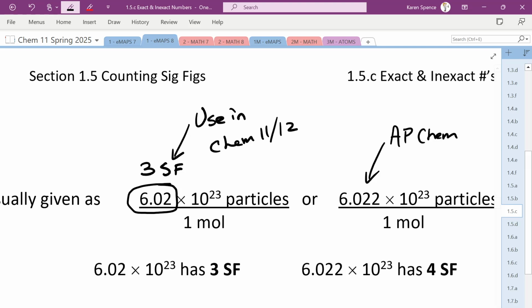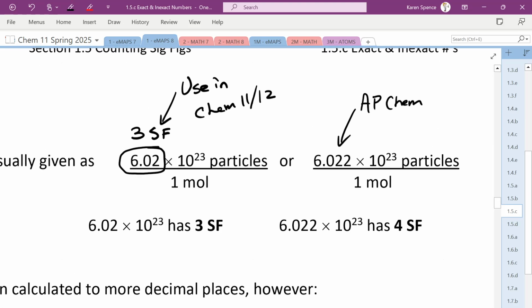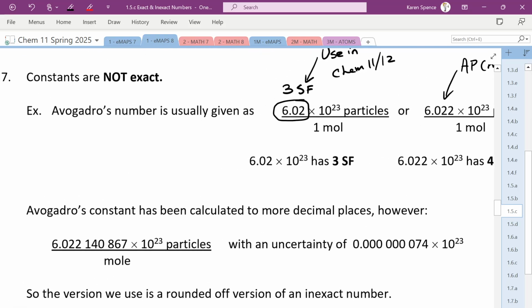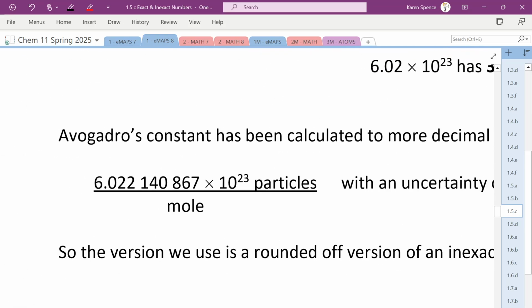Now, are either of those numbers exact? No, because you can actually calculate it to more decimal places, and this number here is exact. They have calculated it to 1, 2, 3, 4, 5, 6, 7, 8, 9, 10 digits.